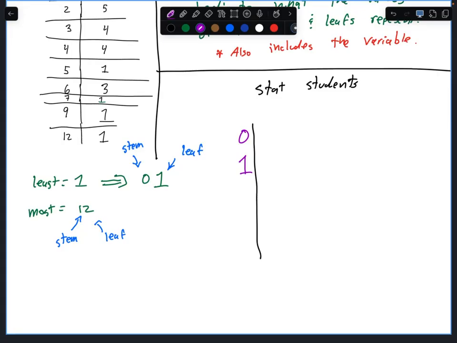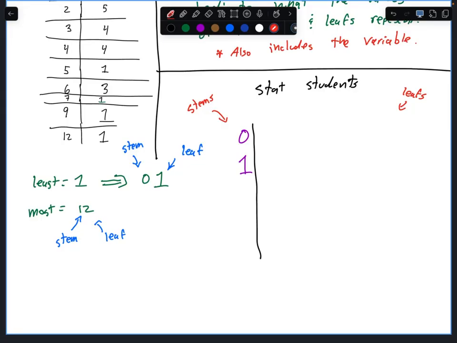But these are only the stems that we have. Everybody had either single-digit siblings or double-digit siblings. We write them in order, but we only write the leaves. So again, these are the stems, and the leaves are on the right.